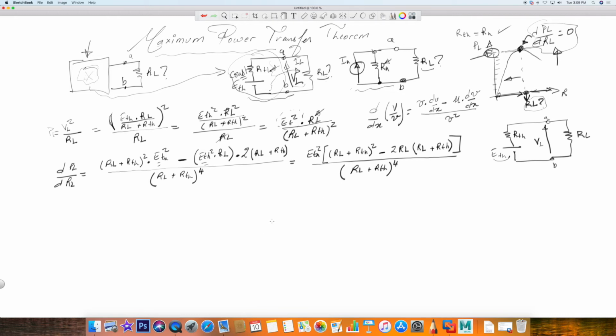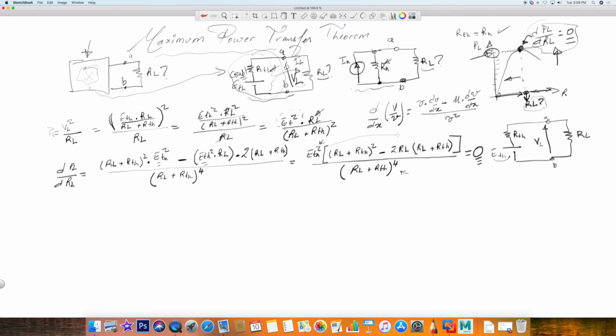Now remember, the key is equals 0. So we want this to be equal to 0. This is going to simplify life a little bit. We know that ETH is a constant, so that's not going to be 0. We're not going to divide by 0, so the denominator is not going to be 0. So what are we left with?